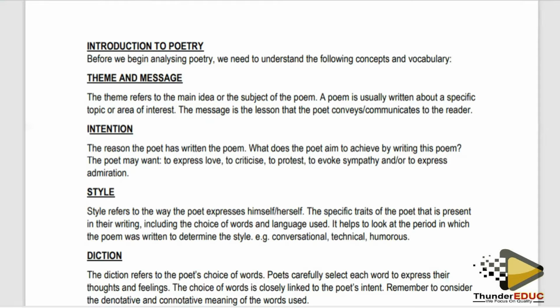when writing this poem? The style of the poem refers to the way the poet expresses himself. So as a result, when we're talking about the style of the poem, we're talking about the type of words used, which makes the style different. So when we say conversational style, we're talking about indirect, informal language being used. Don't, can't. That's colloquial. So as a result, the style is colloquial there.